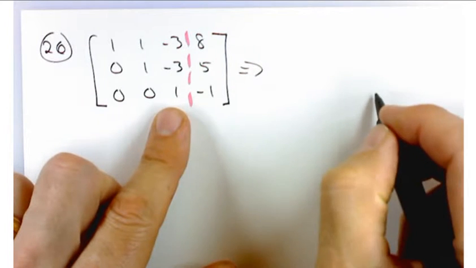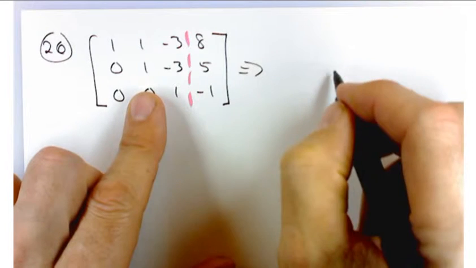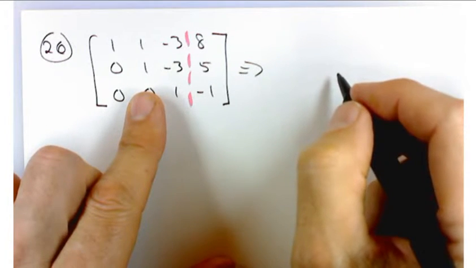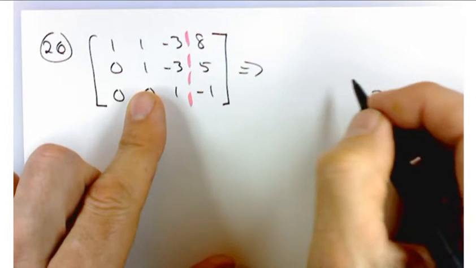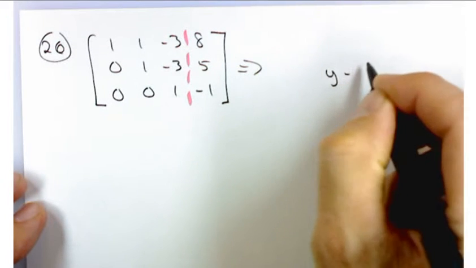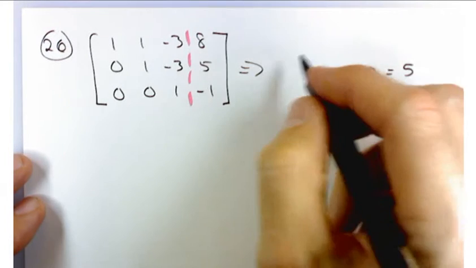Start with the bottom one. Z equals -1. Good. Someone else for the next one. John? All right. Y minus 3z equals 5. Good. And then the top one?